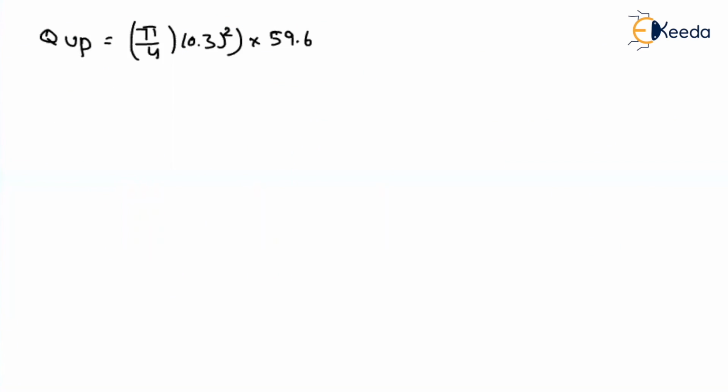What is the equation to find the ultimate bearing capacity? Ultimate capacity is AB into QB plus AS into QS. AB is pi by 4 into 0.3 square. QB is the vertical stress at the end into NQ. What is the vertical stress at the end of the pile? 59.6 into the NQ value given, which is 60.